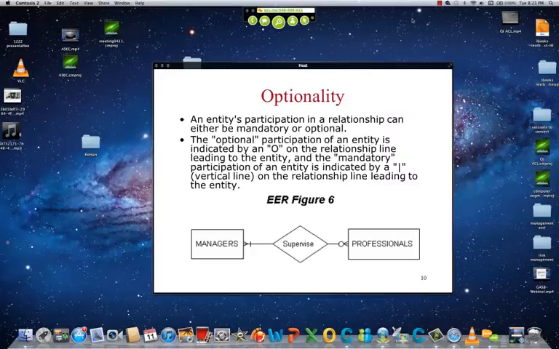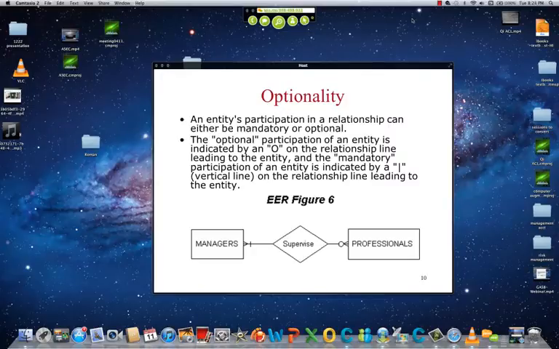So managers and professionals are in a relationship. The relationship is many to many, and it's mandatory many on the manager side, and optional many on the professional side.